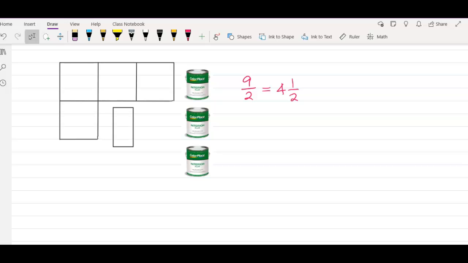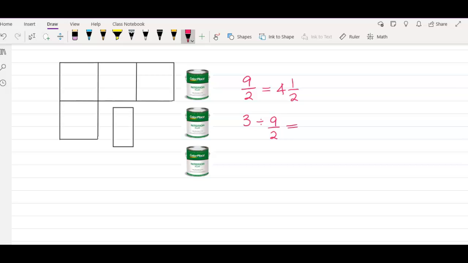Before, we took the 3 gallons of paint and divided it among 9 squares. Now we're going to take the 3 gallons of paint and divide it among 9 halves, which is 4 1/2. We want to divide the paint up evenly over 4 1/2 squares.